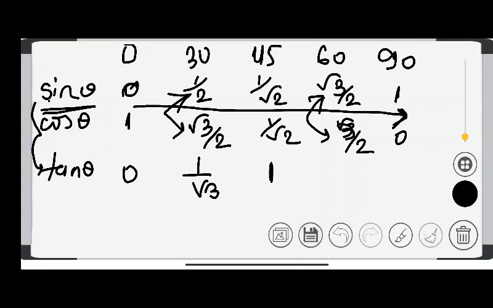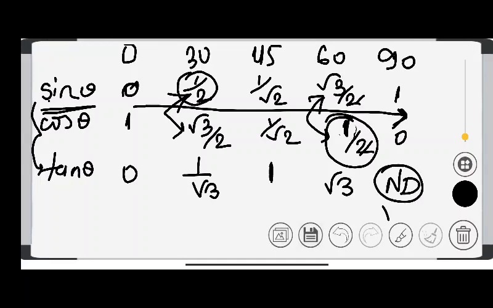Sorry, the value used here is wrong. Erase it. What will be here? Here will be 1 by 2, and here also 1 by 2. So 1 by 2 upon 1 by 2 for 45, and 2 and 2 got cancelled, you found root 3. And 1 upon 0 is not defined. You can say infinite, not defined.